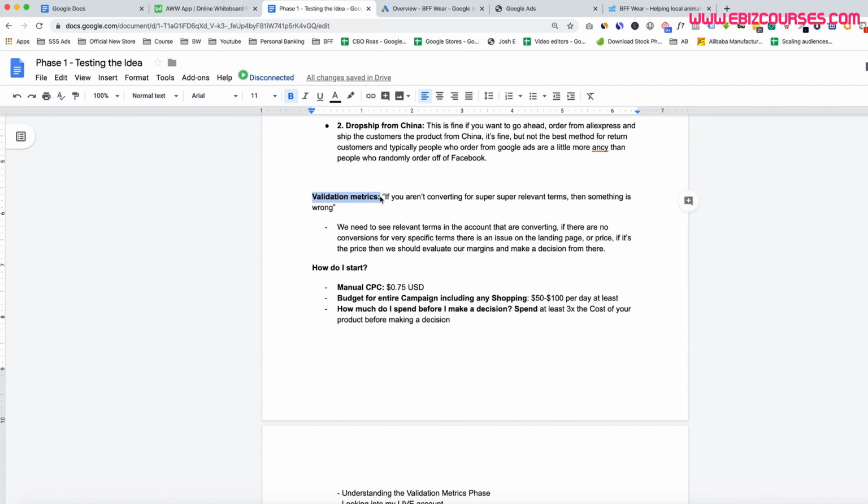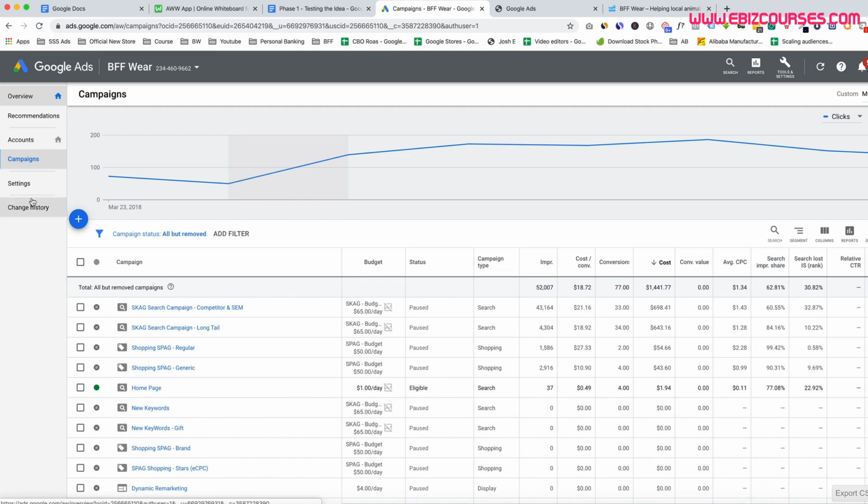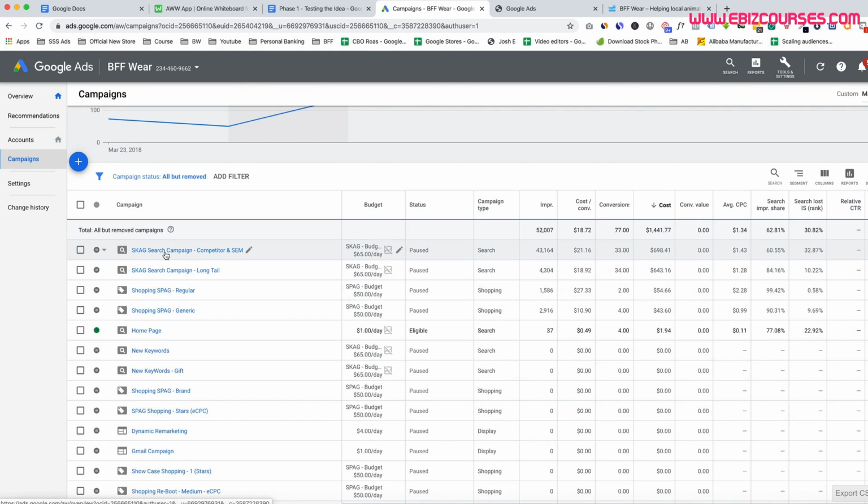Now, the next thing we're going to cover is validation metrics. We're going to cover this in my other account, but in simple terms, if you are not converting for super relevant terms. So if I'm in the campaigns, I ask, what am I actually showing up for and converting for?